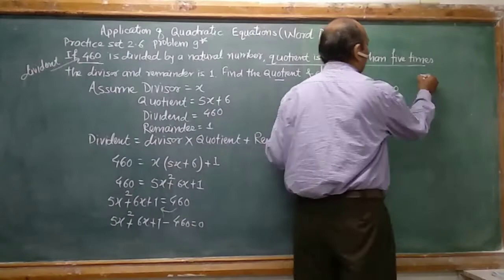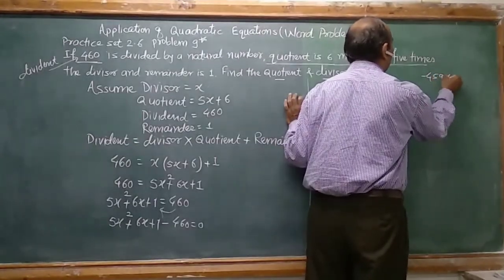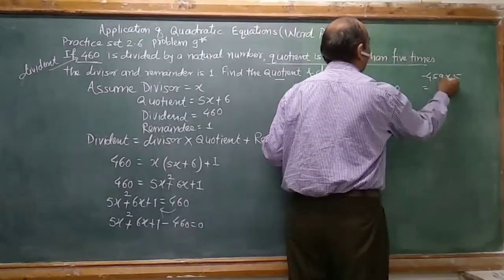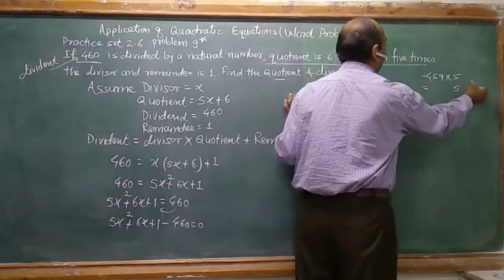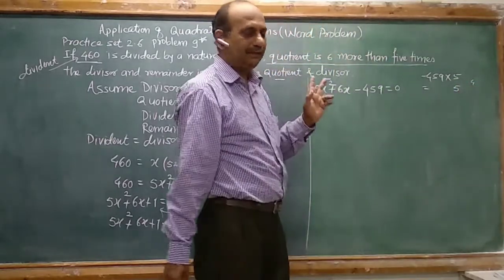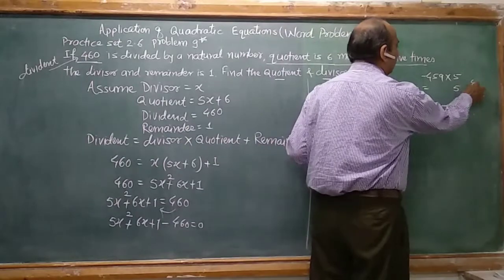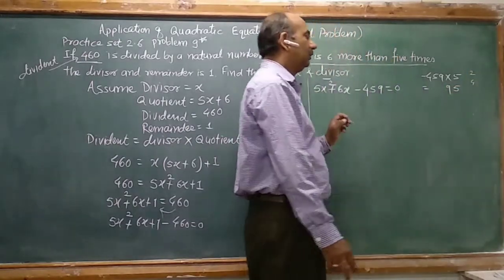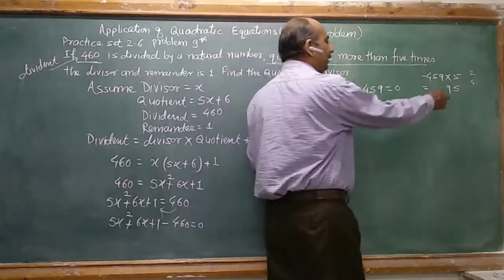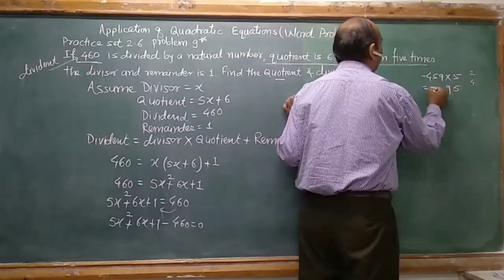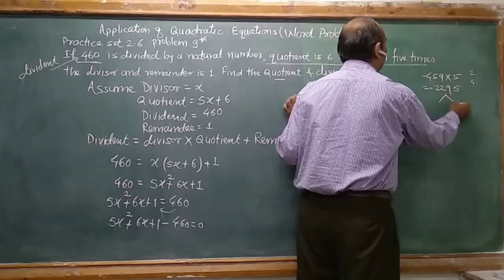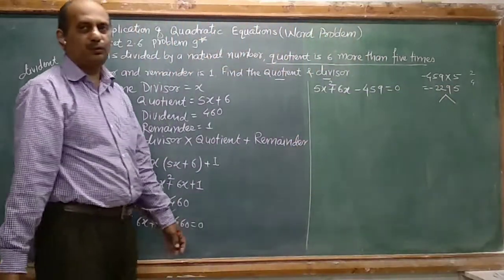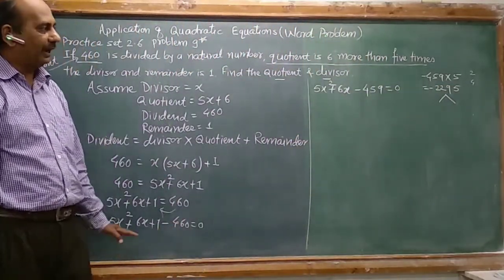Minus 459 into 5 comes to 2295. You have to factorize.